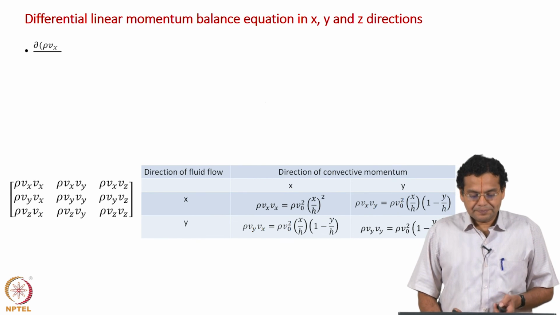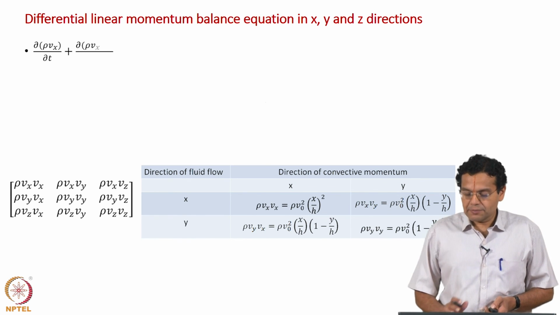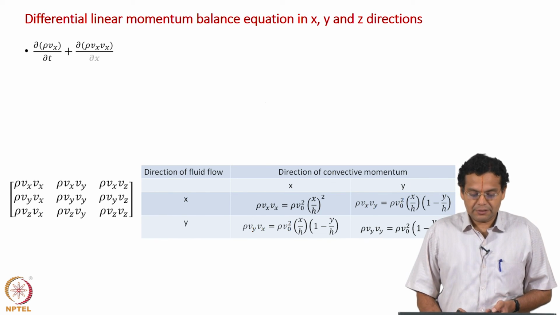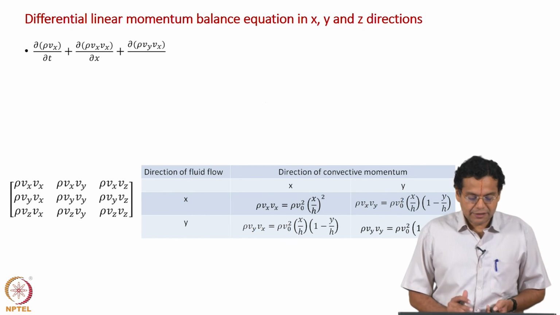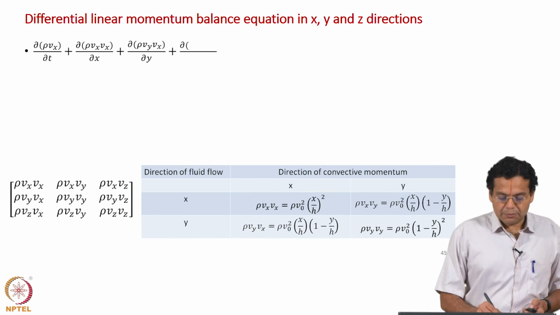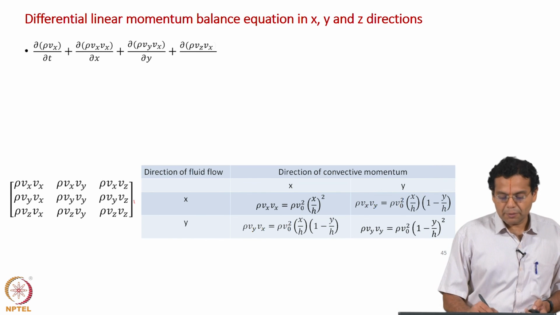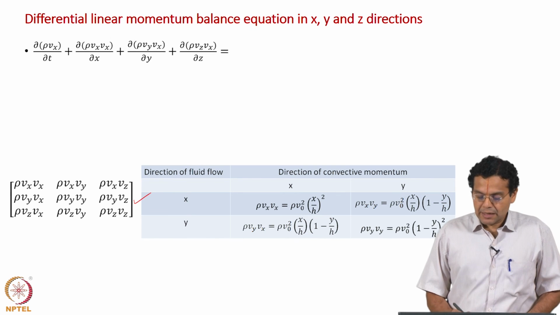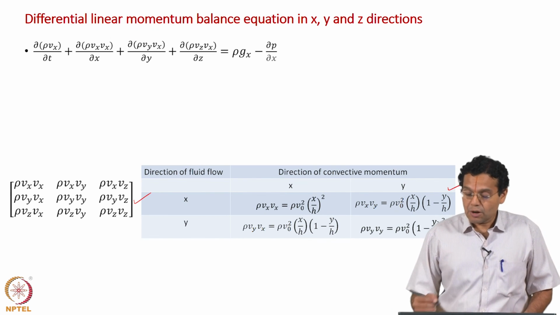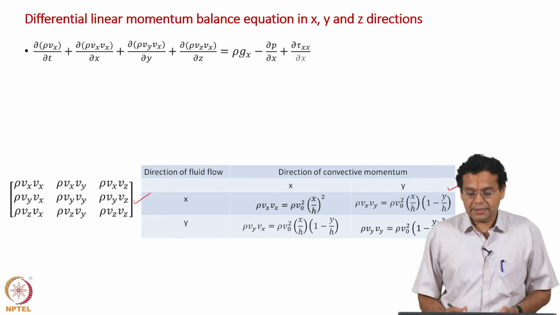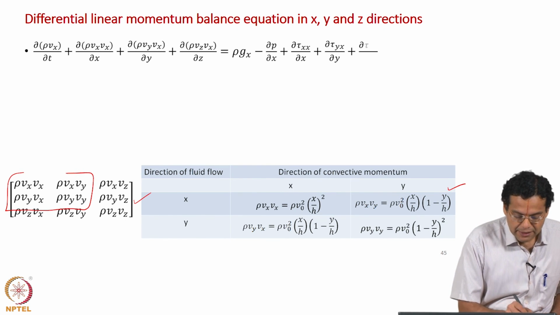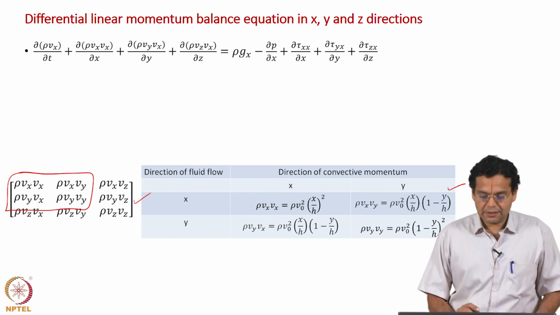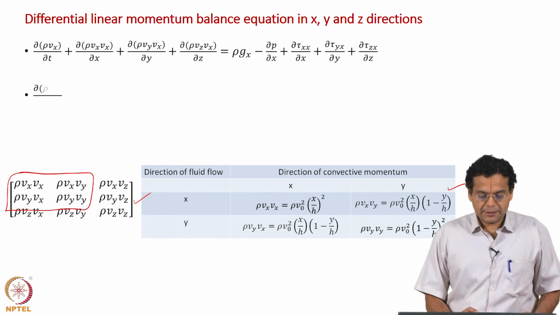This is just to show you where these terms appear in the linear momentum balance equation. So, we will write down the linear momentum balance equation and identify them. What is shown here is the convective momentum flux tensor, and what are shown here are the relevant components for this particular example. Only these 4 components are relevant to us; all others are not.